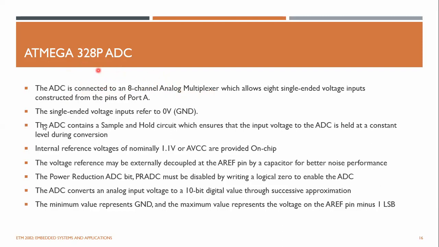You can use any analog pin through this ADC multiplexer. All the conversions are done with respect to ground. Ground is your lowest voltage. It has a sample and hold circuit which ensures that the input voltage to the ADC is held constant during the conversion time. Like I mentioned, 13 clock cycles are required to perform the ADC conversion.